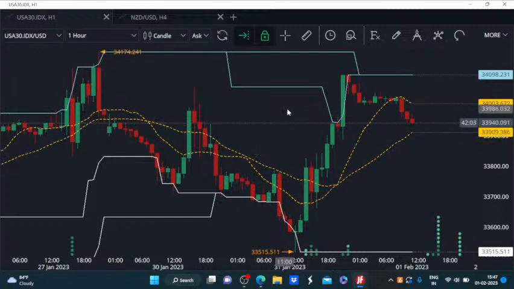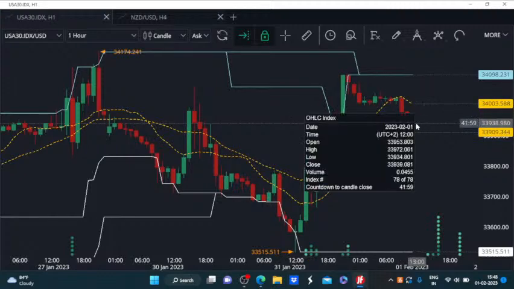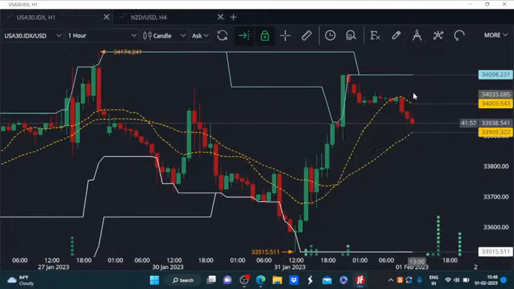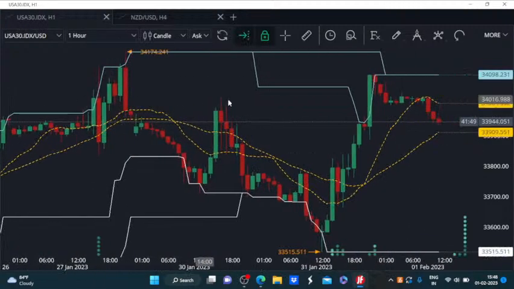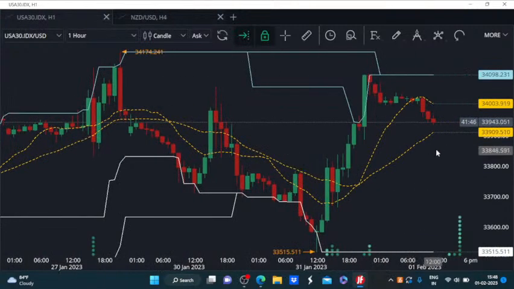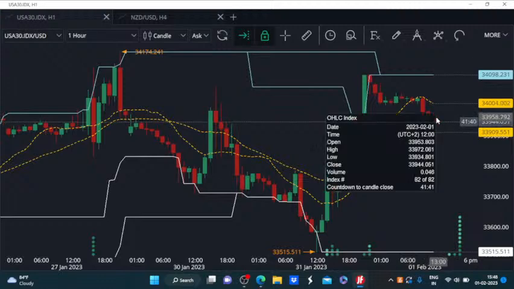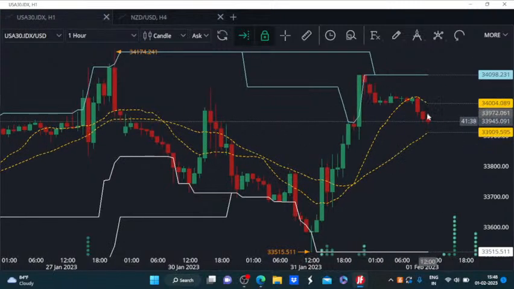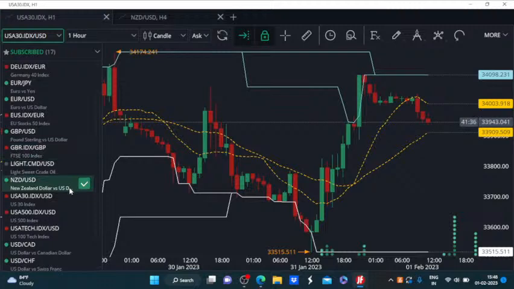And after the start of the US session, if there is not much of a dip on the lower side, we can indeed go for a long trade while expecting the Dow to climb towards these 34,100 levels or a little above that. Even though there is resistance in place, we still have the possibility of making half a percentage point, but only if the Dow holds closer to this level and doesn't really correct much from these current levels.